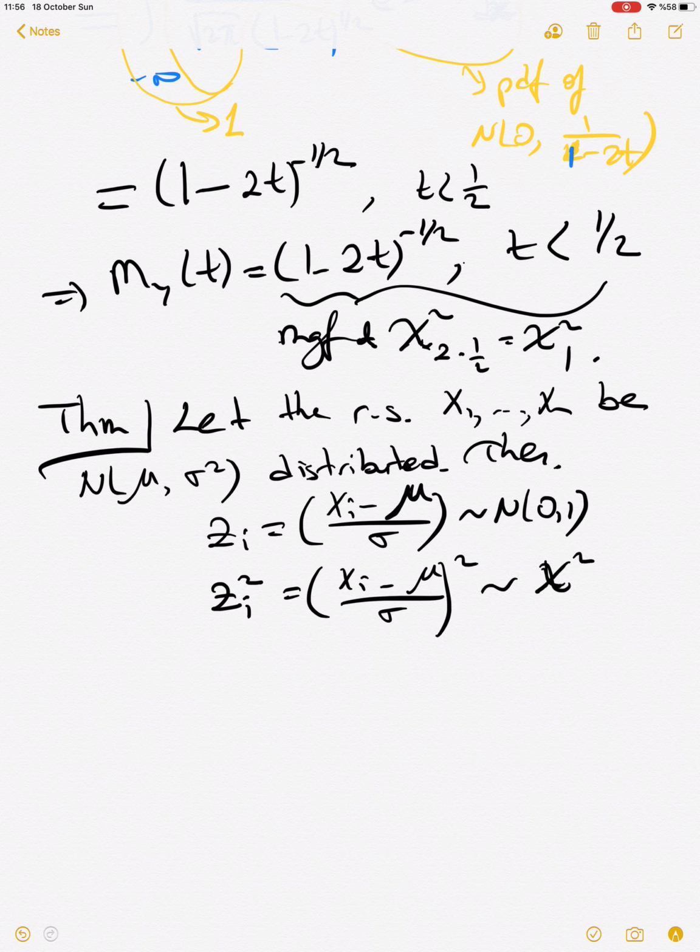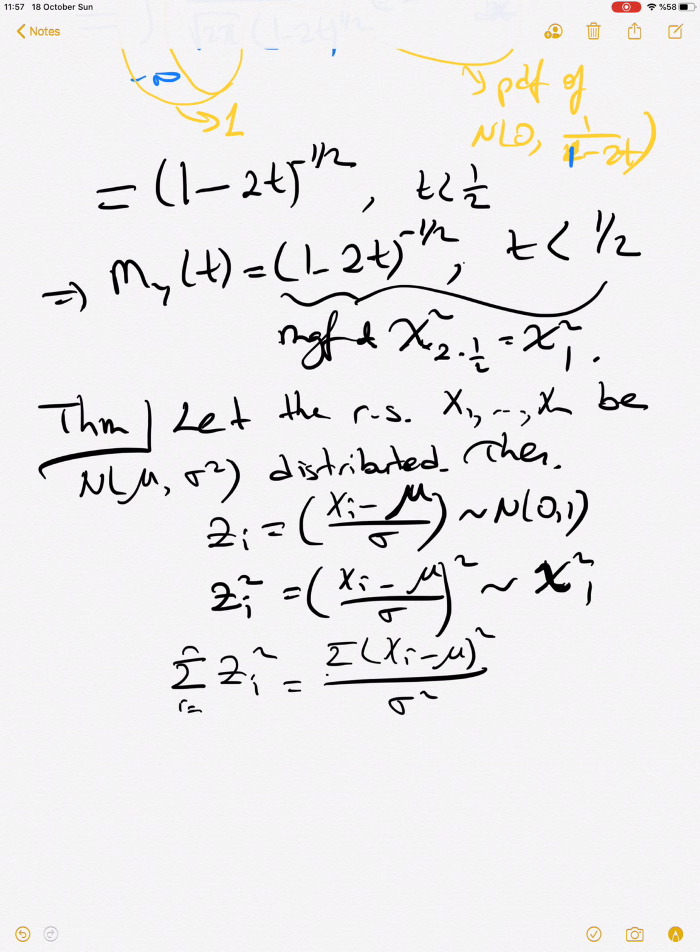So using this, without using the previous proofs, we can say that. And then when we combine the sum, we also showed that the summation of (X_i minus mu) whole squared divided by sigma squared, i from 1 to n, will be chi-square distributed with n degrees of freedom. We also proved that.